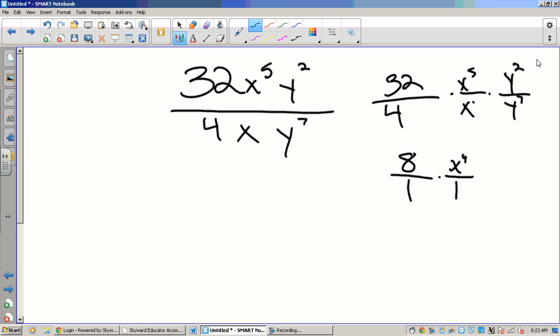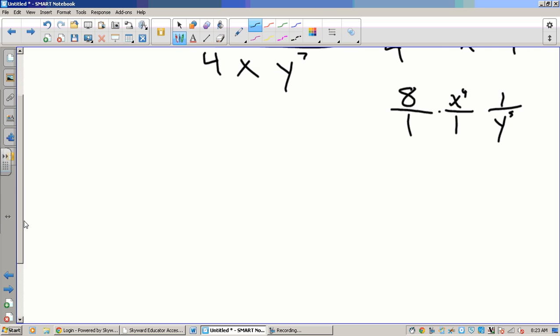And then 1 over y to the 5th. Good. And then we can simplify that by saying 8x to the 4th over 1y to the 5th, or just y to the 5th. If there's nothing but 1's in the denominator, you don't need to write the denominator.